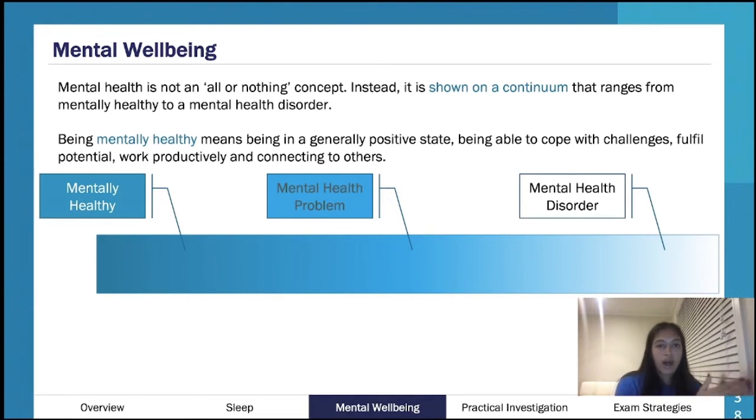And obviously, you can move up and down the continuum at different times depending on what's going on in one's life. So this idea of a definition of mentally healthy, obviously it's hard to put a definition to this kind of thing. But a generally positive state. This doesn't mean the world is all rainbows and sunshine all the time. You're not so happy all the time.